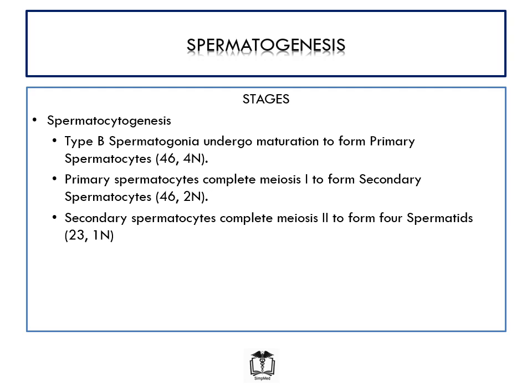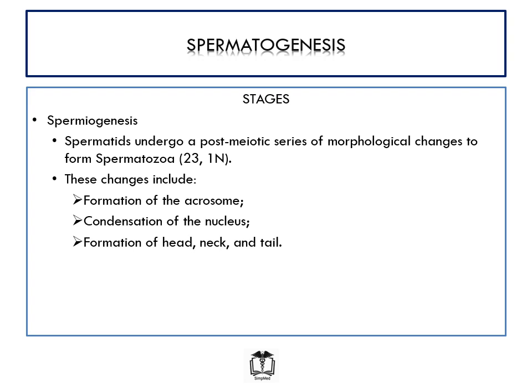Then the secondary spermatocytes undergo meiosis 2 to give rise to the haploid cells we call spermatids. So spermatids are the haploid cells that form at the end of meiosis 2. We have 4 spermatids being formed by 2 secondary spermatocytes, and each of them contains a haploid number of chromosomes, just 23, as discussed prior when talking about meiosis. So the formation of spermatids marks the end of spermatocytogenesis.